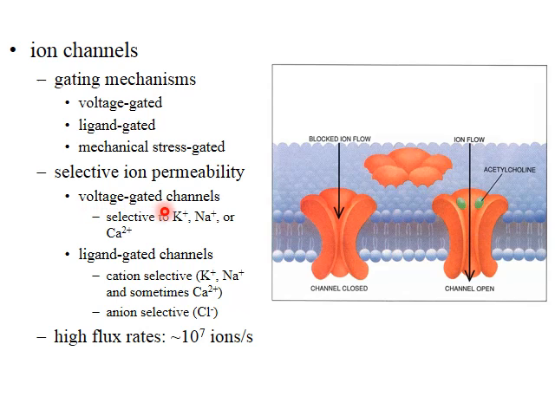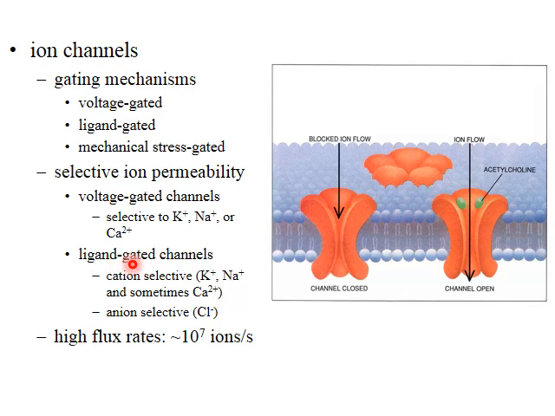Voltage-gated channels typically are selective to just one type of ion, so we find that some voltage-gated channels are permeable only to potassium, others to sodium, and still others to calcium. In fact, we classify these voltage-gated channels by their permeability properties. So we'll talk about voltage-gated potassium channels, voltage-gated sodium channels, and so on.